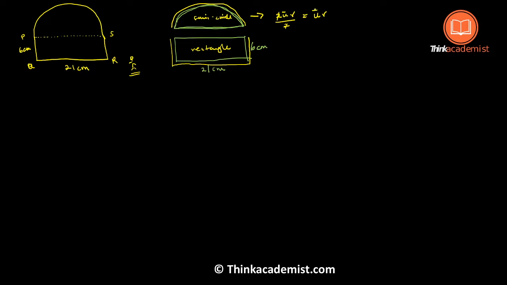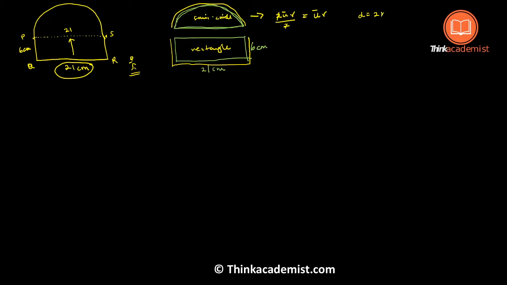In order to do so, all we need to do is find the radius. This measurement is the same as the measurement at the broken line, so it means that this one is also 21. From this side to this side is the diameter.